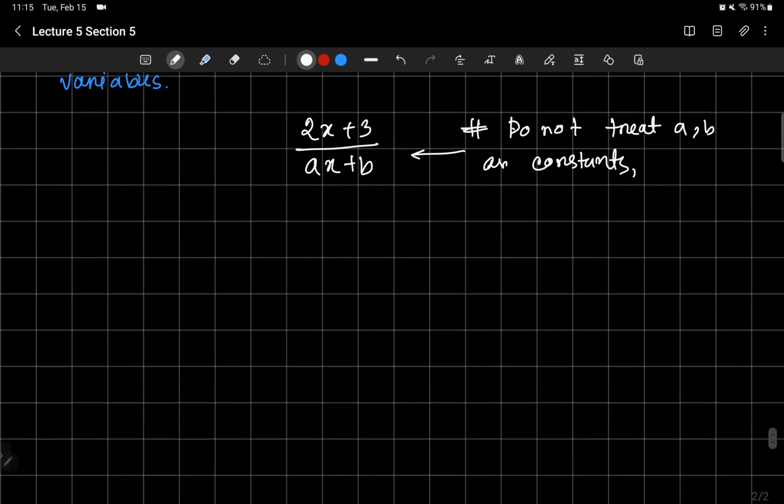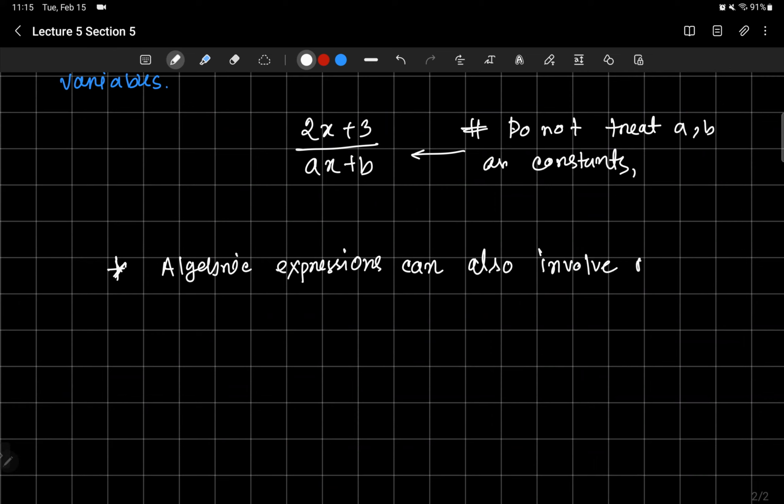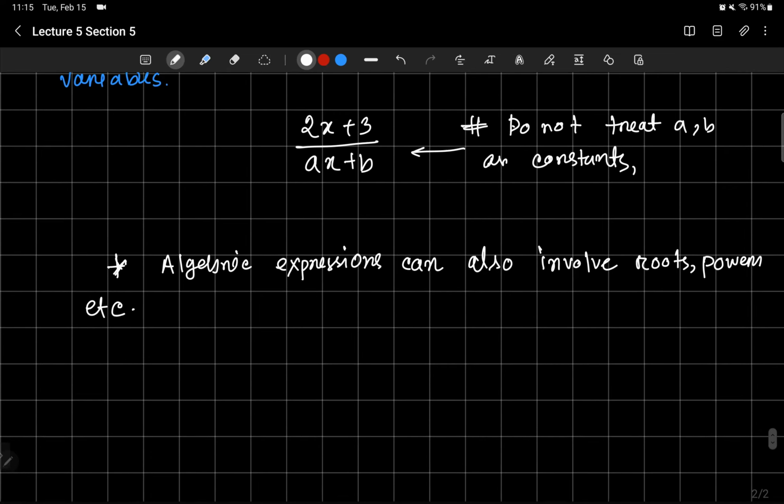So one thing we note is that algebraic expressions can also involve roots, powers, etc. How do these things work?